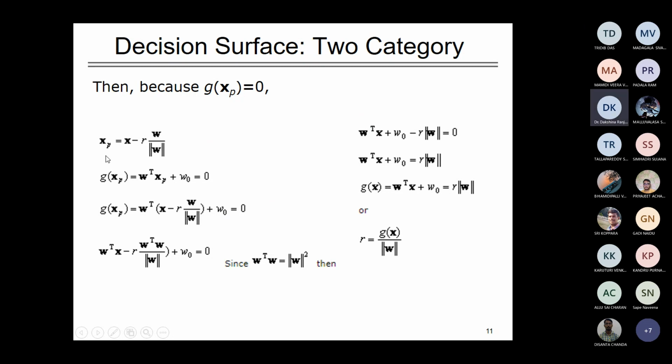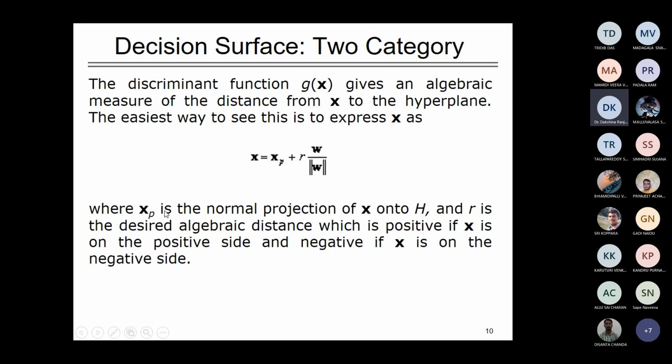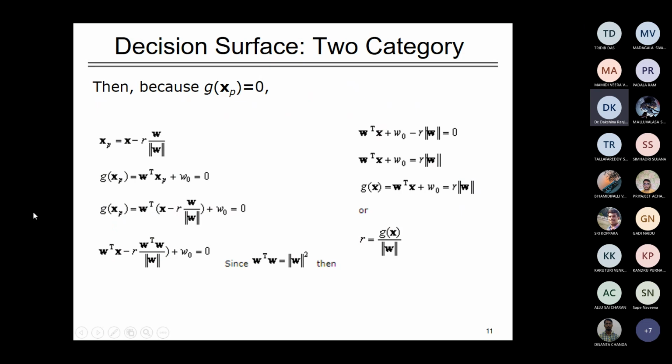So we are putting the value of the normal projection of x into this equation, w transpose xp plus w0. If we rearrange these terms, we get g(xp) = w^T (x - r w/||w||) + w0 = 0.